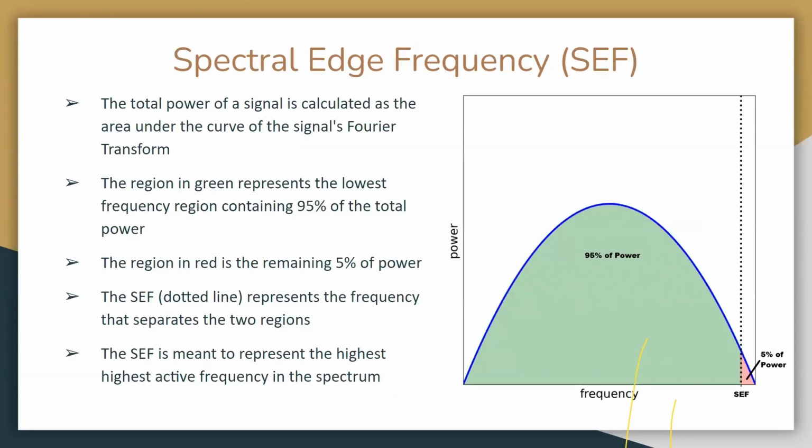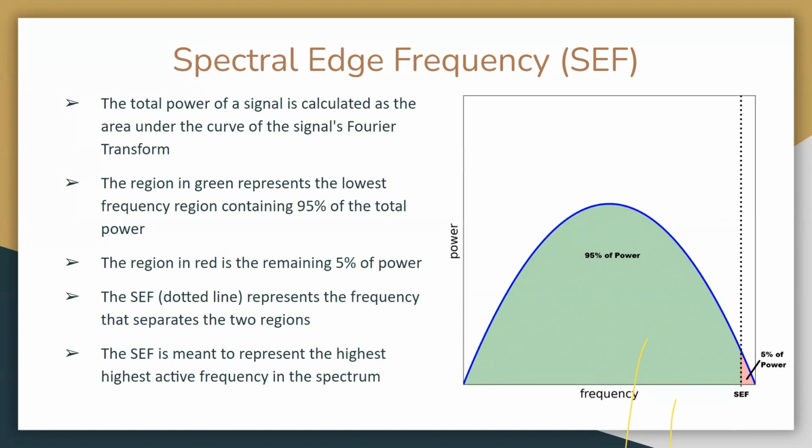I also want to talk about the spectral edge frequency. If I take the area under the Fourier transform, you may recognize that as the integral under it. If I take the area under that Fourier transform, that is the total power. The height is the power delivered at that frequency. So integrating across all frequencies gives me the total power in my signal.